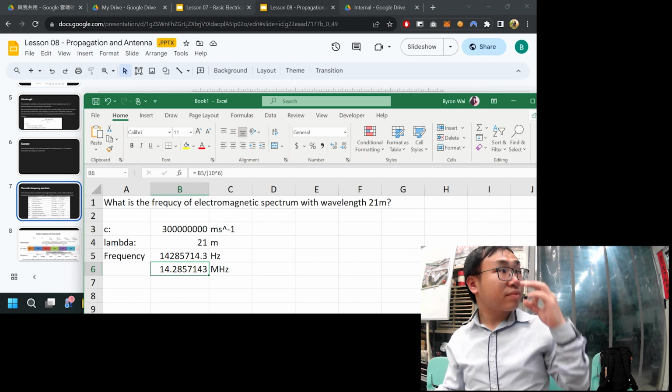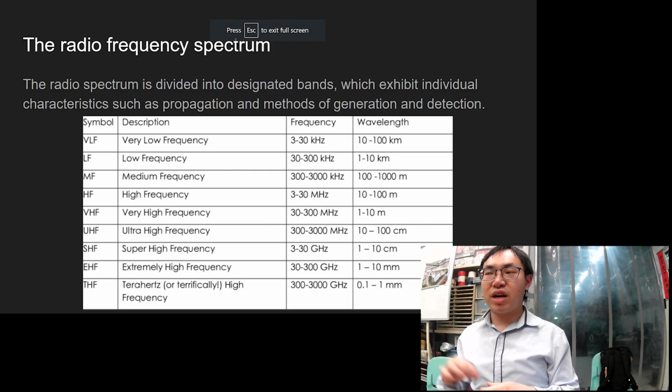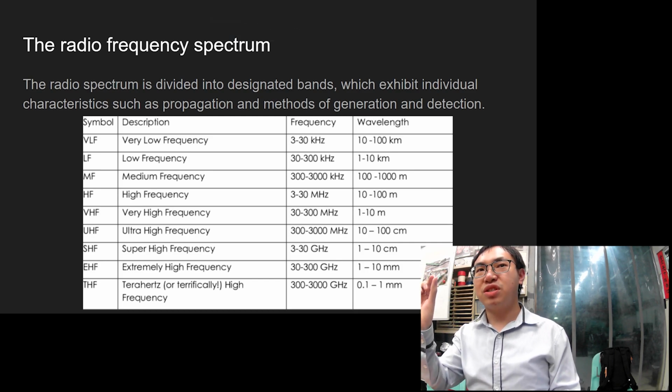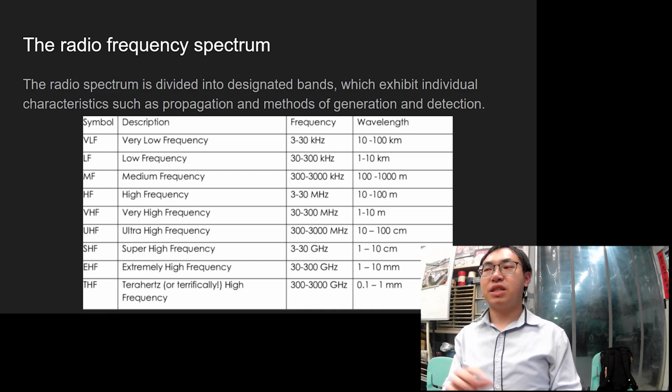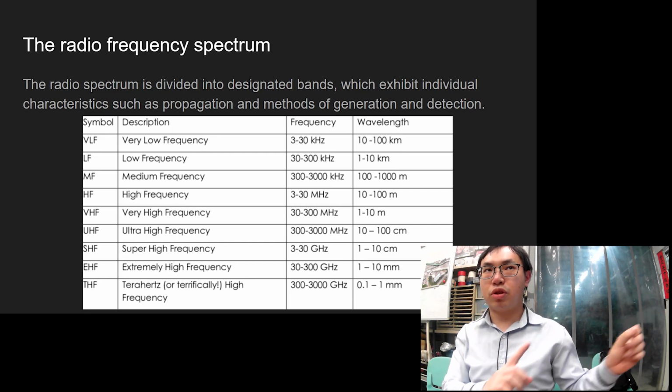If you're familiar with that already, you don't have to do the calculation. But if you really do the calculation, you will find a little bit of calculation roundup error. But in the ham world, they will just ignore the error. It is not important when you deal with the exam.